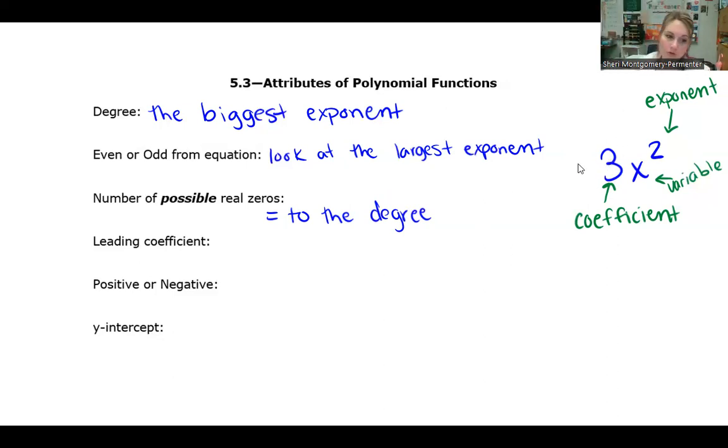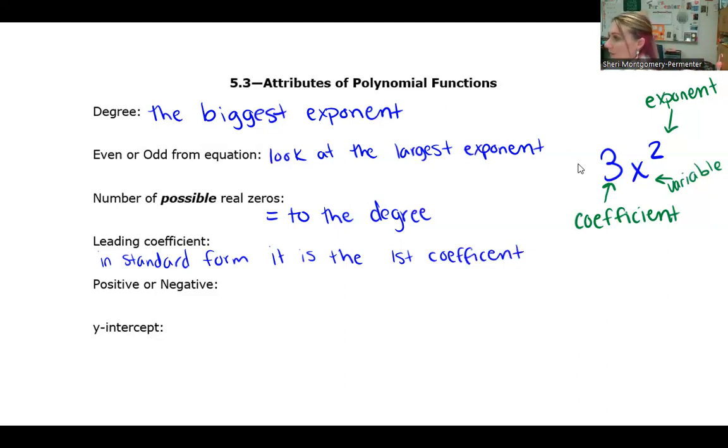So if you're in standard form, it is the first coefficient, at the beginning of the problem, what's written first.